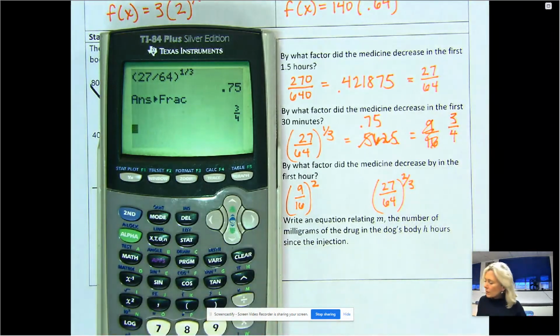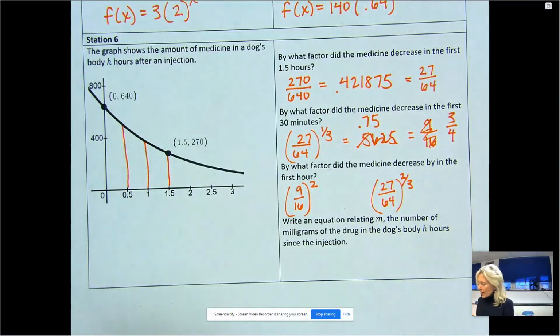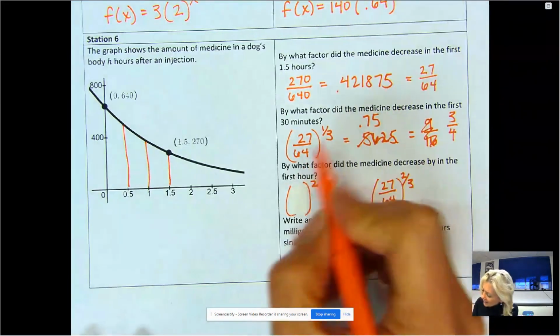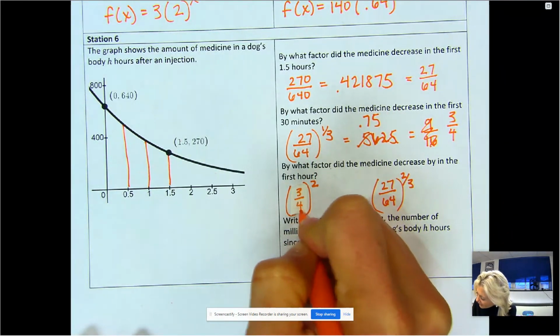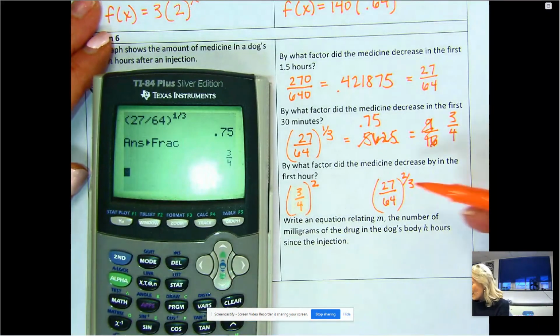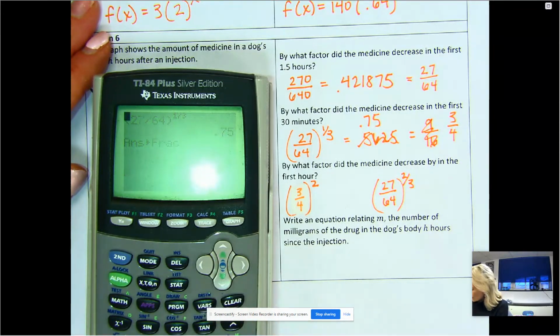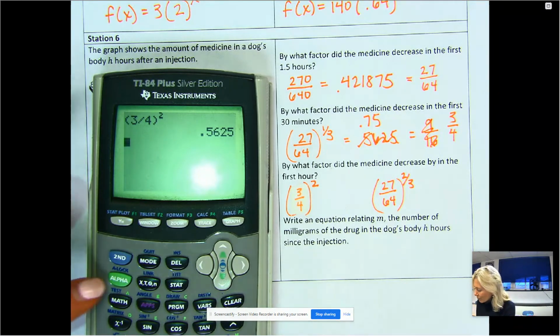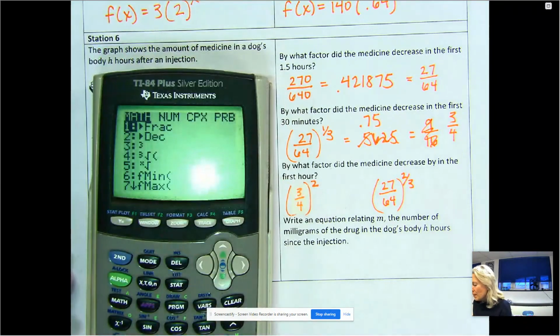Which means that down here, I should be able to square 3/4 and get the same thing as 27/64 to the 2/3. So let's give this one a try. My goodness, I'm so nervous. Oh, phew, that's the same answer. So 0.5625 as a fraction, it's just going to be 9/16.